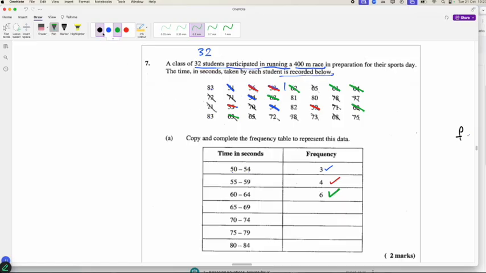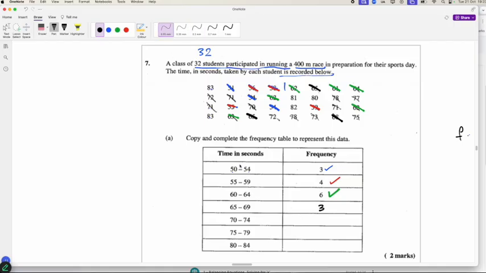Now it's time to help me with the others. 65 to 69 is how much? 65 here, 1. 68. That's 2. I get 3. 65 on top. Yeah, 65. That's 3, right? Thank you.